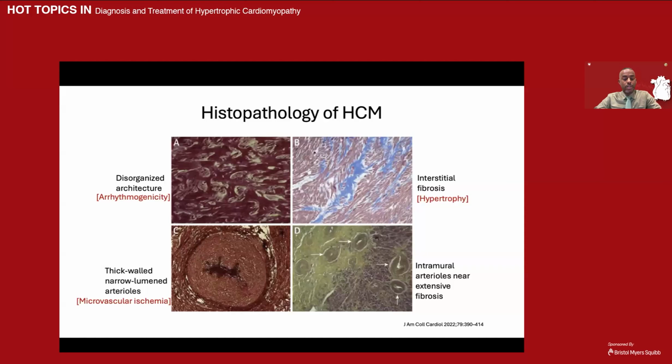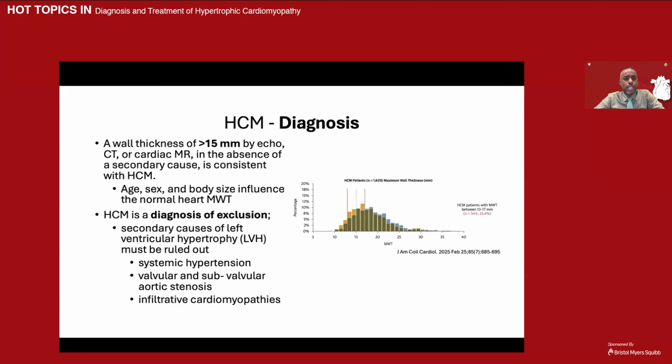You also have microvascular ischemia that is really secondary to these thick-walled and very narrow-lumened arterioles within the myocardium. And then those can be in close juxtaposition to fibrosis on anatomic pathology. So it's really histopathologically a very, very interesting disease. And we'll talk about that later when we go over the MRI talk by Dr. Bishair, I think.